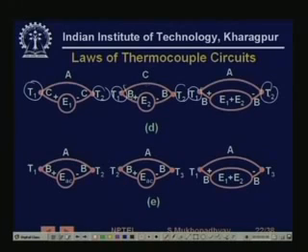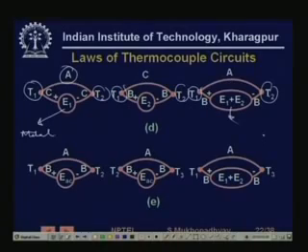When you connect C and B, you get E2. So it says that if you connect A and B, you will get E1 plus E2. So it means that each metal's EMF can be calibrated with respect to a particular metal, and then we can make arbitrary combinations of these, and using this law we can find out what EMF is going to be generated. Right? So that's a big advantage in standardization.